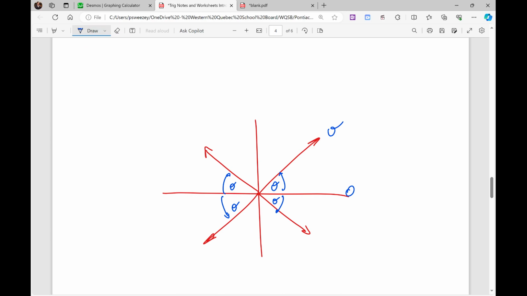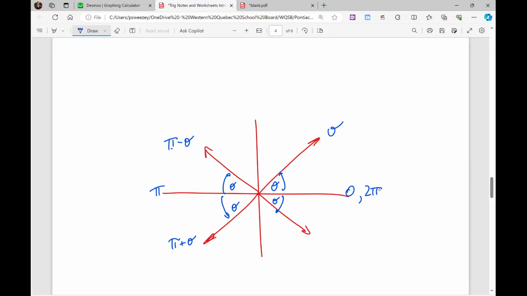But over here, this is pi. What will be equivalent to 180 degrees in radians is now pi. So if I want to figure out what that angle is, I'm going to go pi minus theta. On this one, however, in the third quadrant, I'm going to go pi plus theta, because again, I'm measuring from that x-axis.